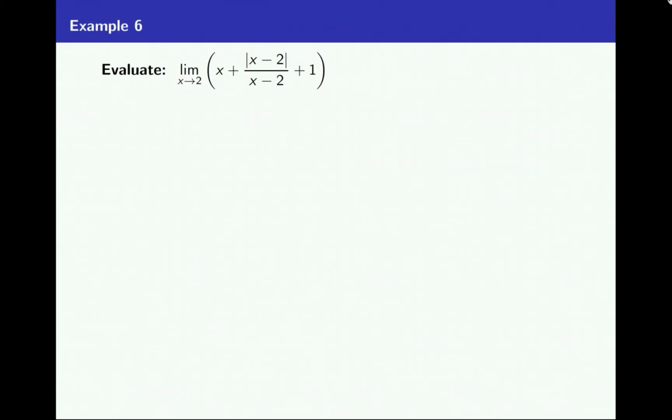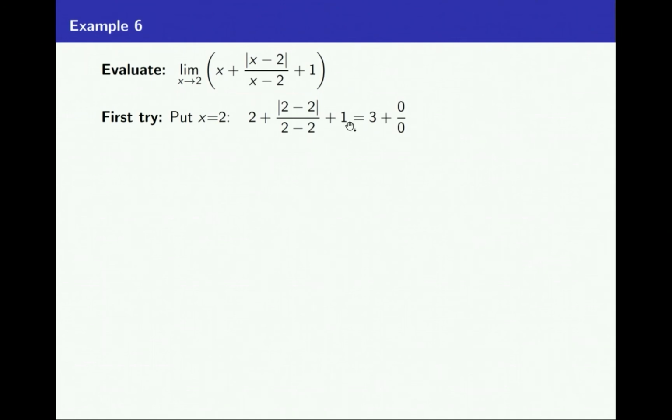In our final example, 6, we evaluate the limit as x approaches 2 of x plus the absolute value of x minus 2, divided by x minus 2, plus 1. Now, if we were to naively work this out by just putting x equals 2 into this function, we'd get 2 plus the absolute value of 2 minus 2 divided by 2 minus 2, plus 1.